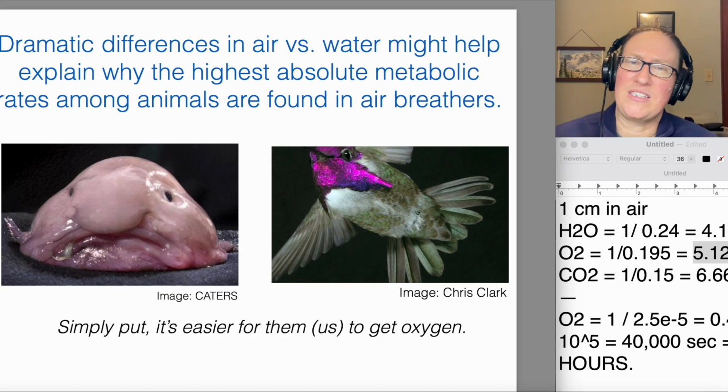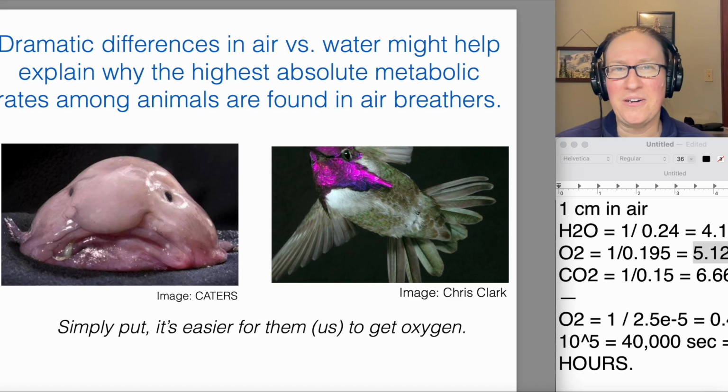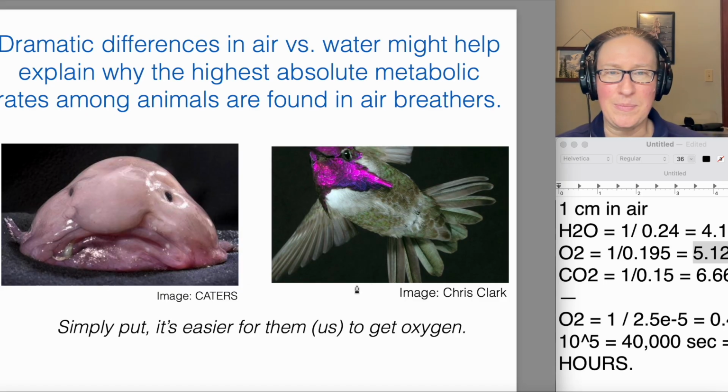And this dramatic difference between air and water has a lot of implications for the animals that are found in these environments. It's a pretty clear hypothesis for why the highest absolute metabolic rates among animals are found in air breathers, right? So we saw this example of the hummingbird earlier on, moving very quickly, and it has an exceptionally high metabolic rate.